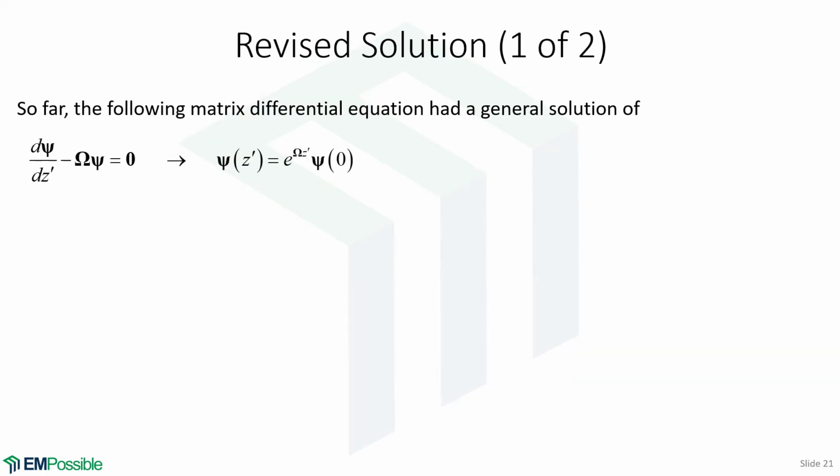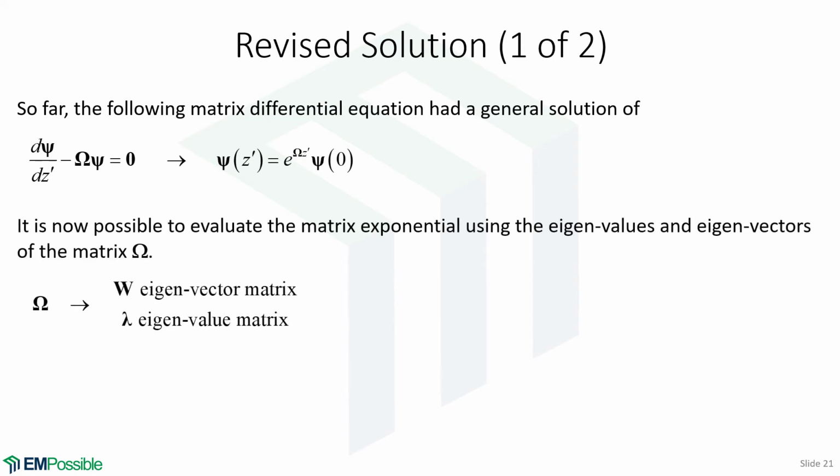Let's apply what we know now about applying functions to matrices to figure out what to do with this matrix exponential. In this case, the function that we're applying to this omega matrix is an exponential function. The first thing we'll do, once we build that omega matrix, is calculate its eigenvectors and eigenvalues by calling eig.